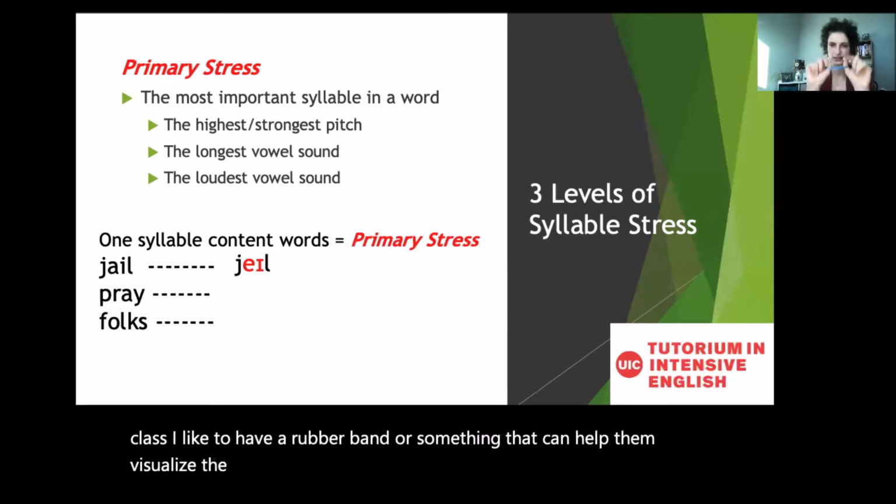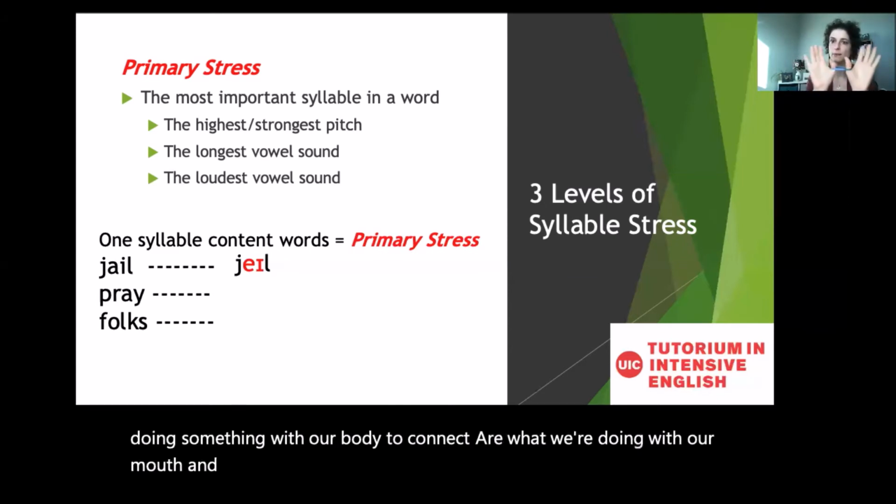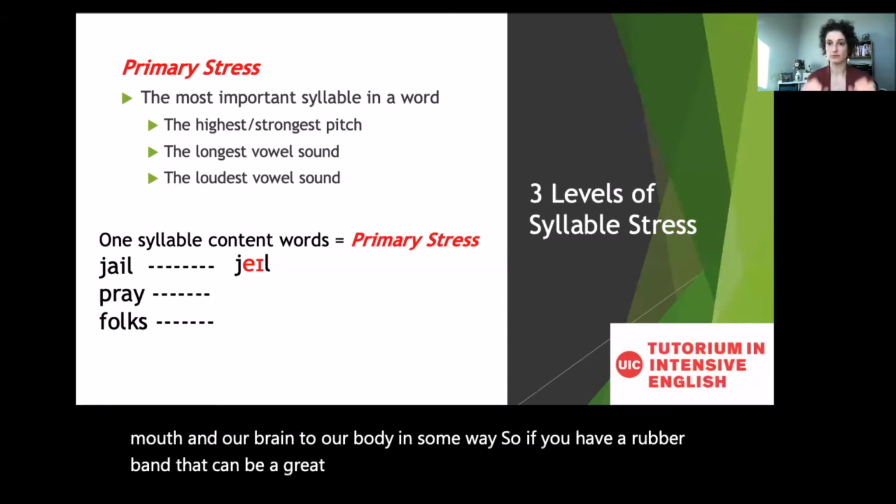So that it's not just in our head, but also we're doing something with our body to connect what we're doing with our mouth and our brain to our body in some way. So if you have a rubber band, that can be a great tool. And if you don't have a rubber band, it's really easy to pretend like you do.